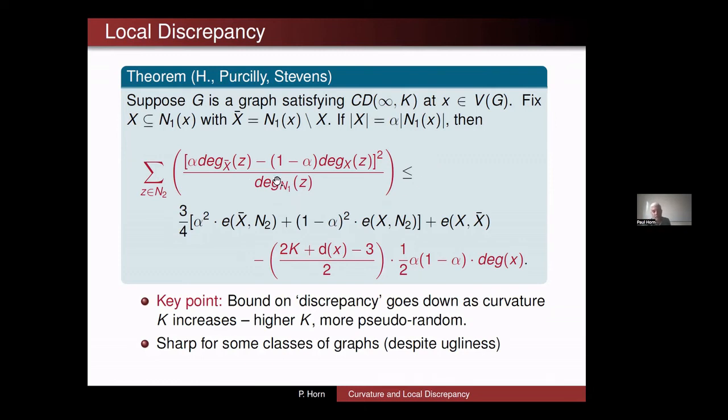And I get a quantity that the higher the curvature, the more pseudo-random it looks. The more the vertices in the second neighborhood will split, at least in bulk, to the first neighborhood. On any way I partition that first neighborhood, the more random it will look.